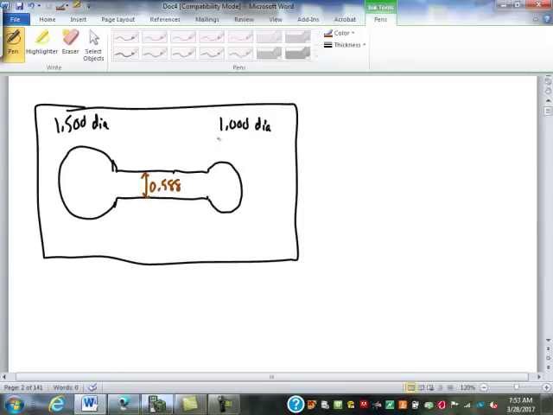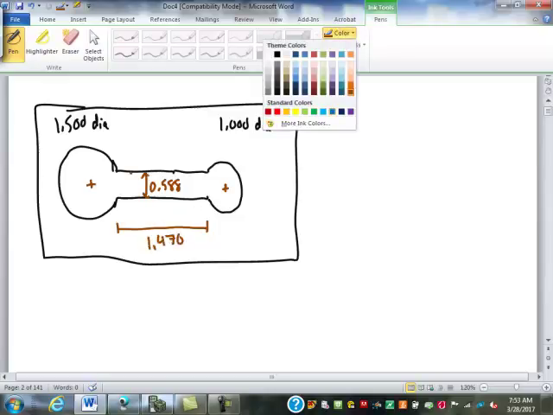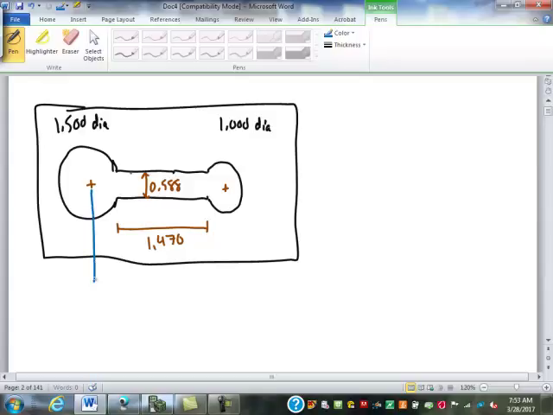We're given the 0.294, which is given so that we know that this is centered on the circles. And we're given this distance here of 1.470. What we are asked to find is center to center in the circles.